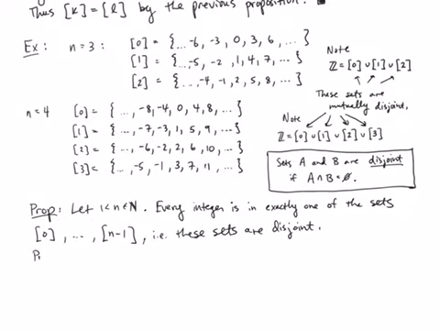Okay, and here's the proof. So let a be an integer. The key to seeing that a is in one of these is just to use the division algorithm. So write a equals qn plus r. Q is the quotient, r is the remainder, where r is between 0 and n minus 1 inclusive by the division algorithm.